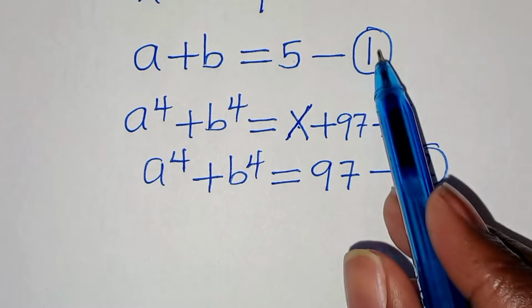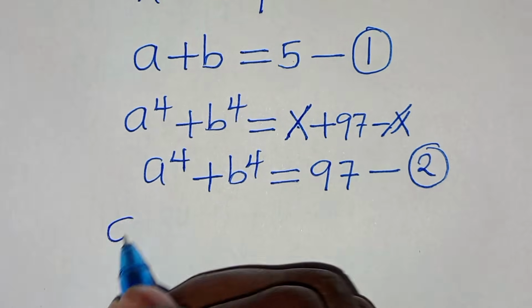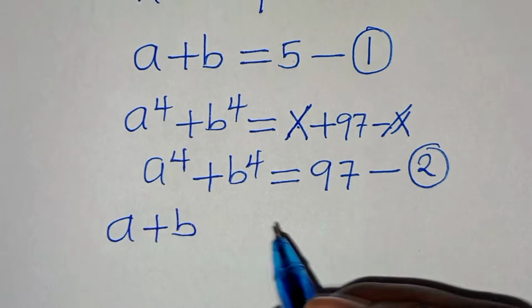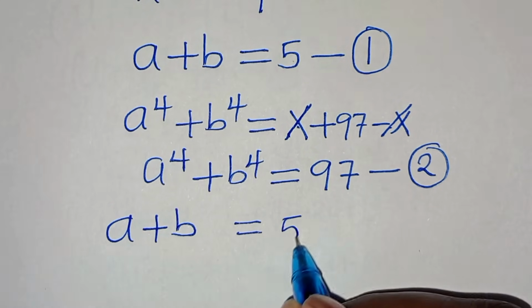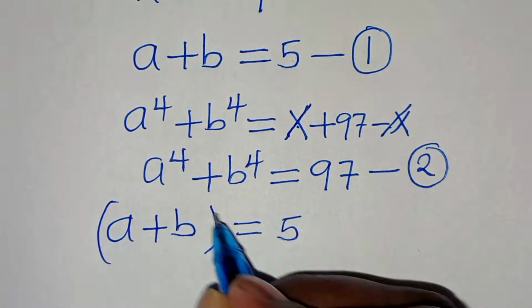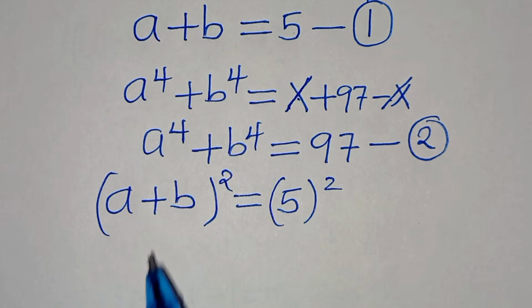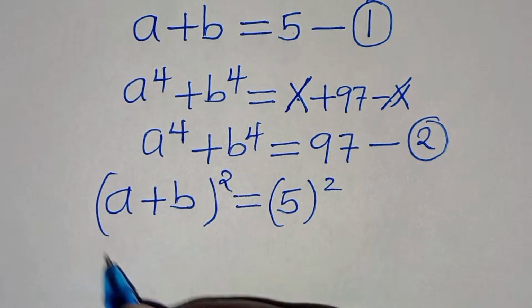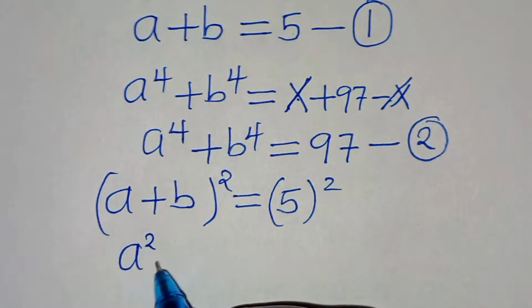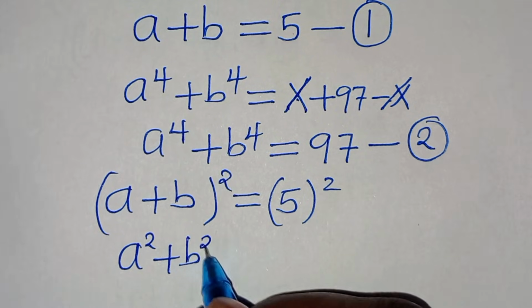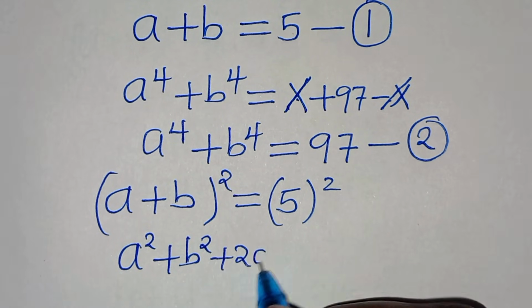From equation 1, which is a plus b equal to 5, let's square on both sides, so that now a plus b to the power of 2 can be expressed as a to the power of 2 plus b to the power of 2, then plus 2ab.